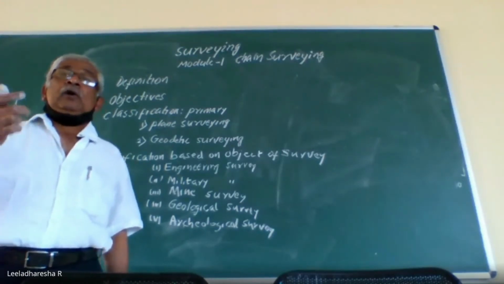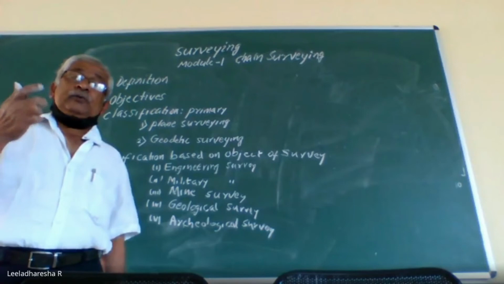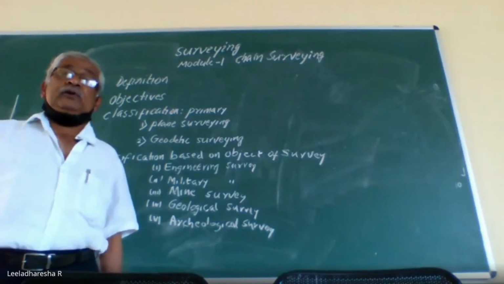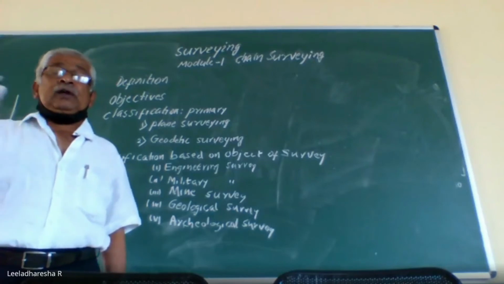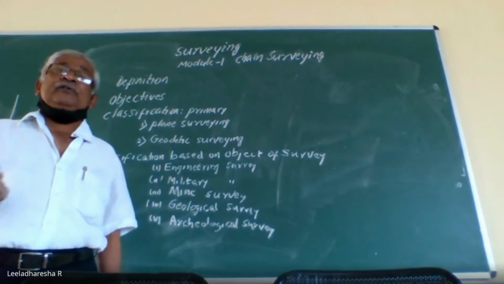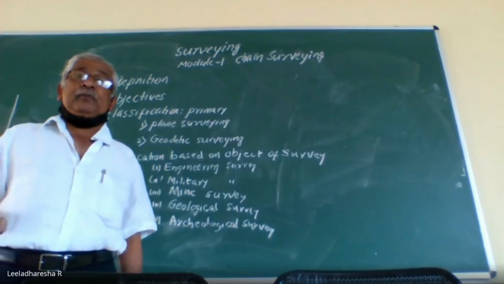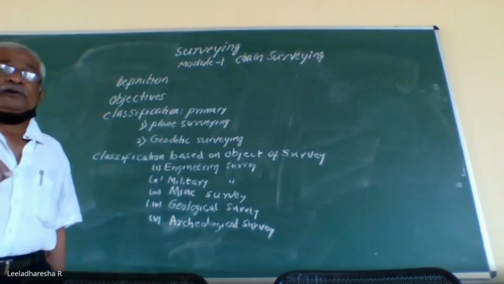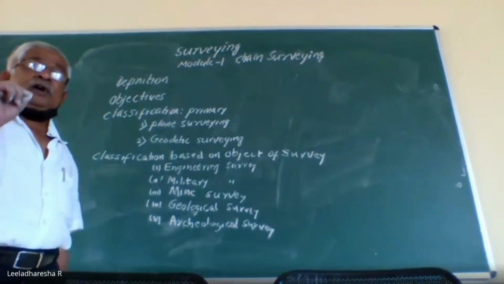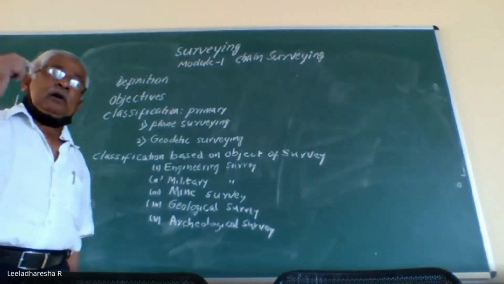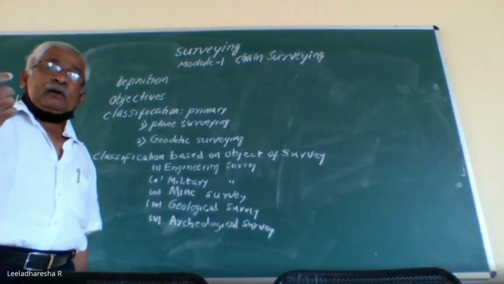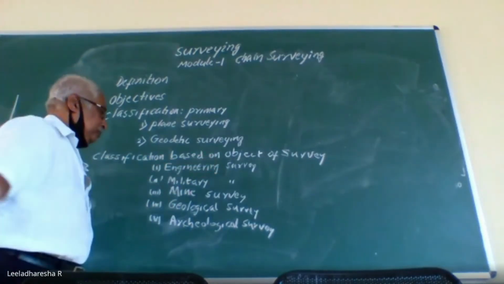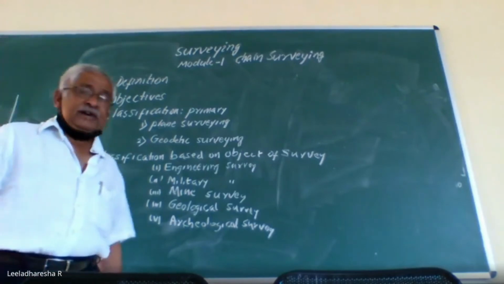So if I want to know what should be the height of the dam, then certain survey has to be carried out at the site to know the elevation of different points. So such a survey which is carried for the purpose of either construction or for handling a project is called engineering survey.